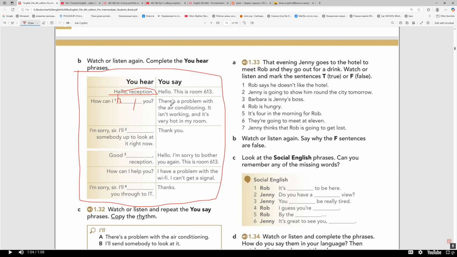The answer, you may read the answer. There is a problem with the air conditioning. It isn't working, and it's very hot in my room.